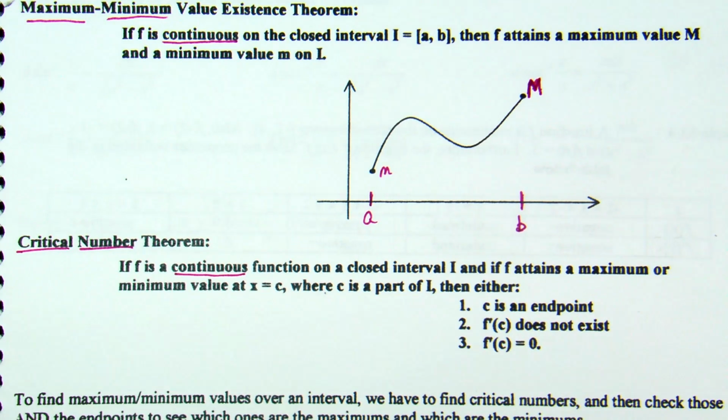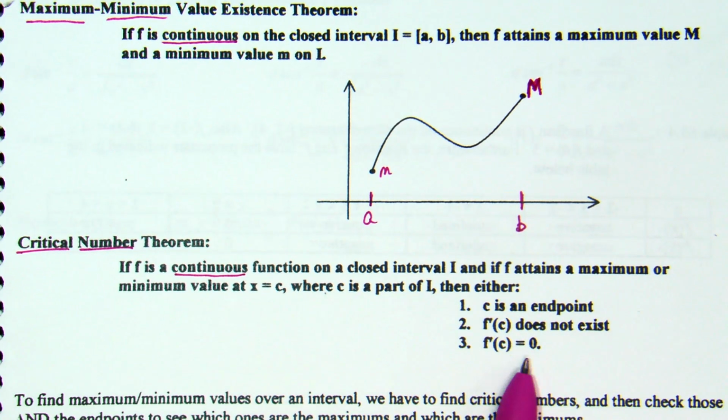C could be an endpoint, like what happened previously. So the maximum or minimum, what we're saying here is that that C value, where there's a maximum or minimum, could be an endpoint. F prime of C does not exist, or F prime of C equals 0.